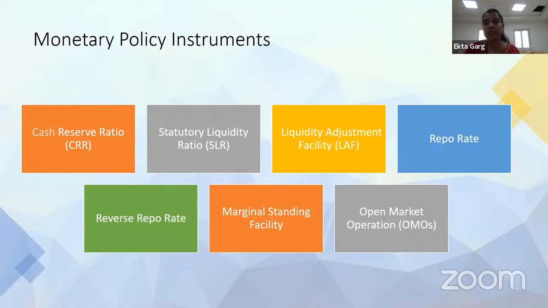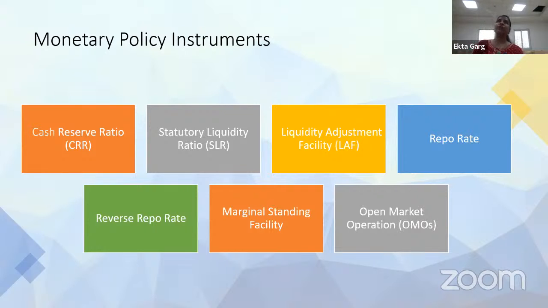If the margin requirement increases, it makes it difficult for people to get a loan from the banks, since they have to bring more collateral. So if the margin requirement increases, it will discourage borrowing. And when borrowing reduces, it will negatively affect consumption, investment, and hence aggregate demand in the economy.